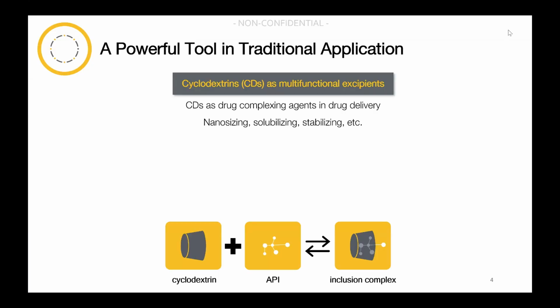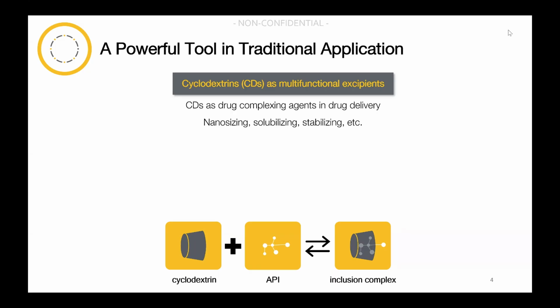So let's start. First, the general cyclodextrin background. Cyclodextrins are ring-shaped sugar molecules, which can incorporate active pharmaceutical ingredients in their cavity.